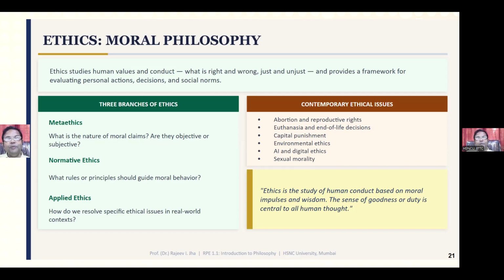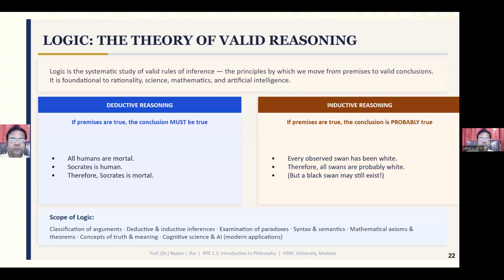From values, we move to reasoning, the branch of logic. Logic is the tool that makes all other branches of philosophy rigorous. Without logic, philosophical claims remain at the level of opinion.